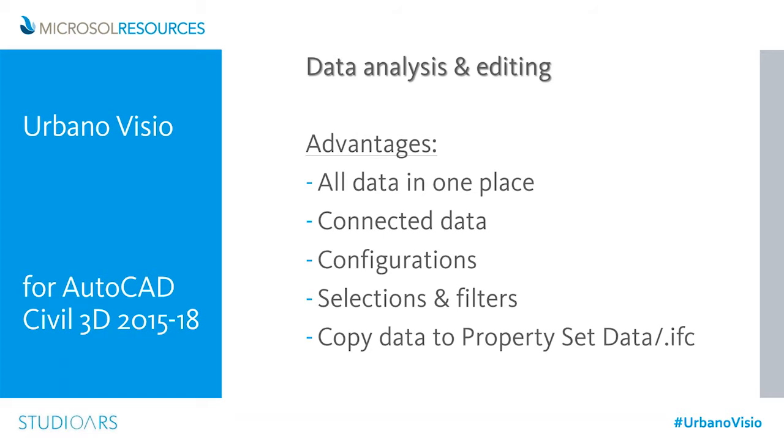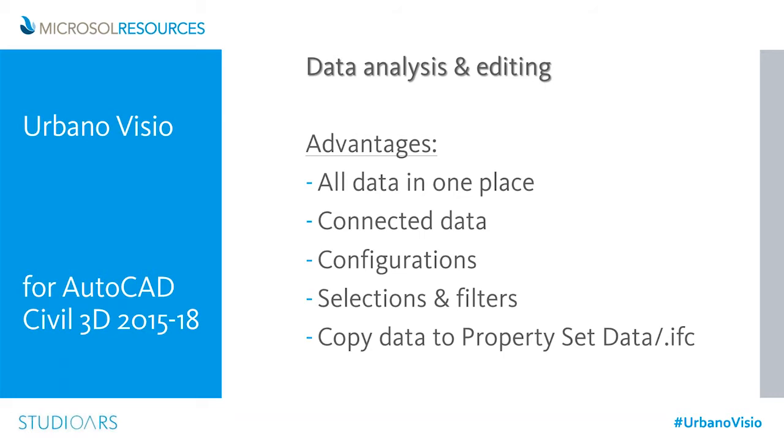Also, we use custom configurations which you can make, and I will explain it to you. You can use selections and filters for selecting and finding data. And also, you can copy any Civil 3D data about pipes to the new property set data which were introduced in version 2017, update 1, and expanded in the version 2018 of Civil 3D.